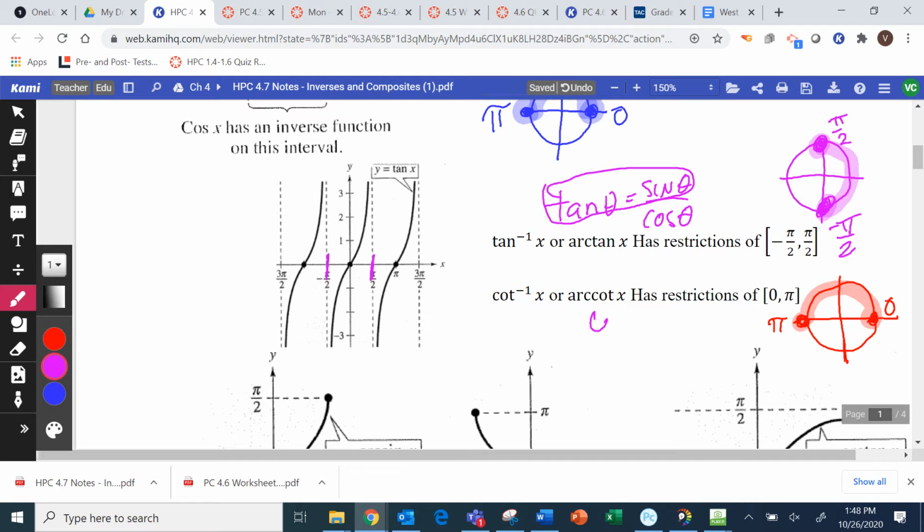And then cotangent is the same thing as cosine over sine. And so cotangent and cosine have the same restrictions. And then cosecant and secant would match with sine and cosine, if that helps you remember them.